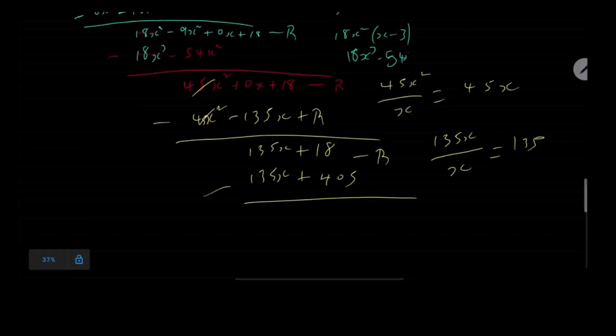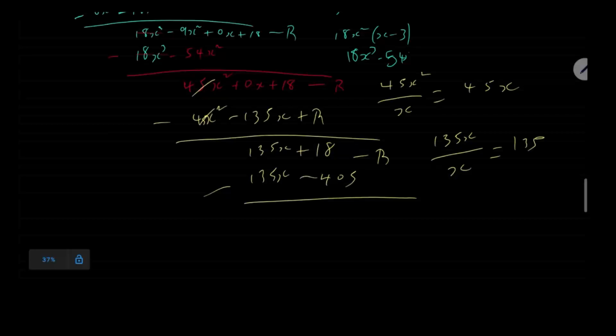So it's negative here, so it's going to be 18 plus, because we have a negative and a negative together, and then they are going to be plus. So 405, 18 plus 405 is going to give us 423, because this one is taking care of each other.